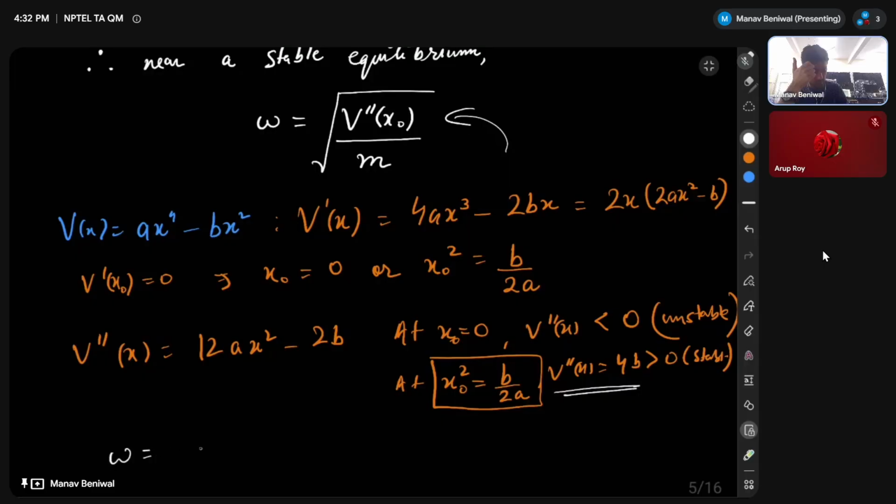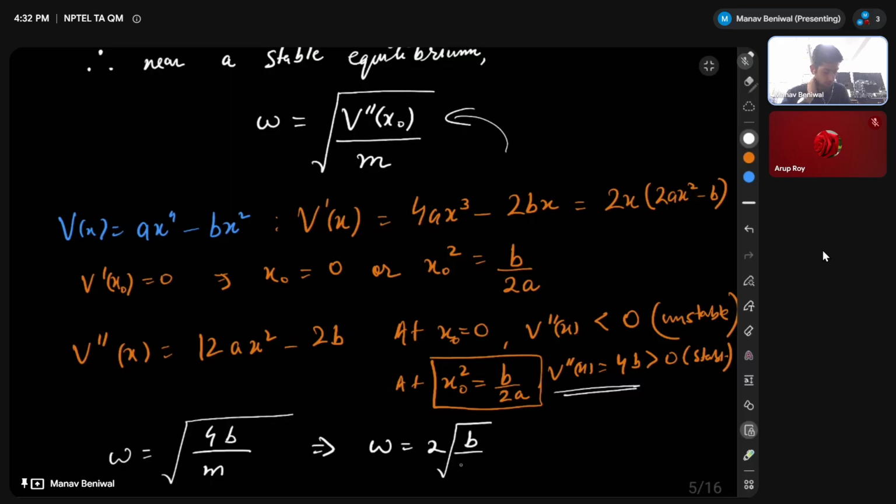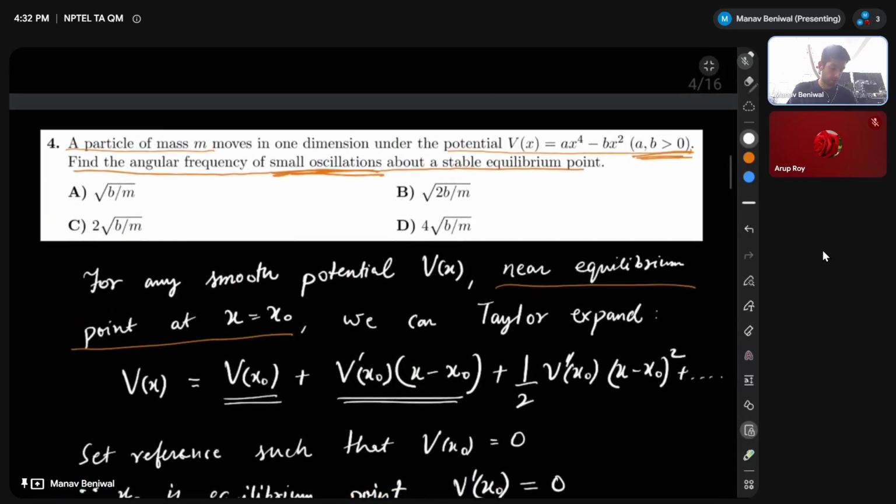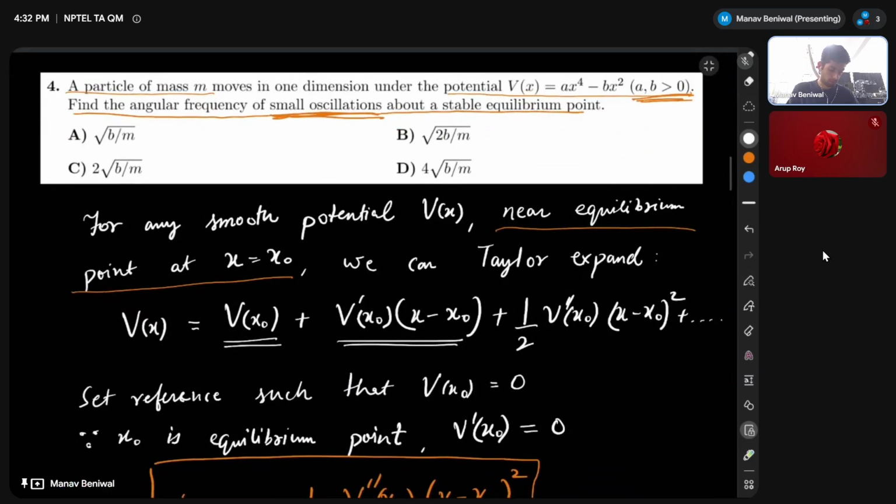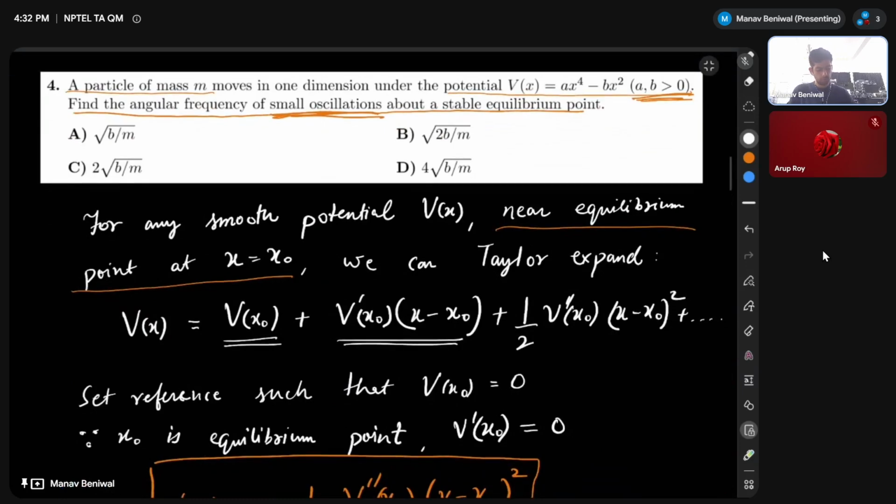Omega becomes the square root of 4b over m. We can take 2 outside, and omega becomes 2 times the square root of b over m. This is our omega, which is option C.